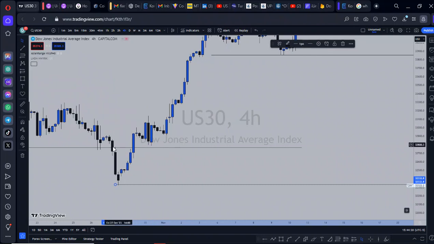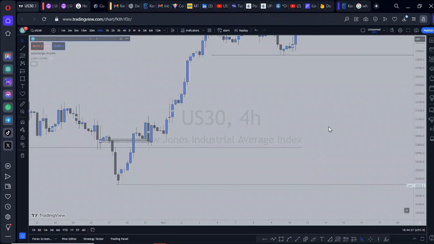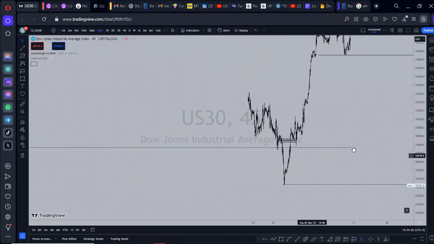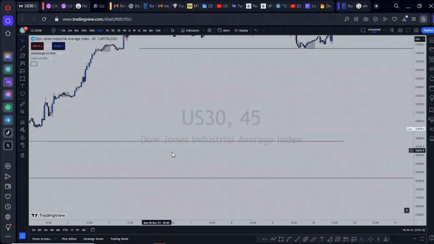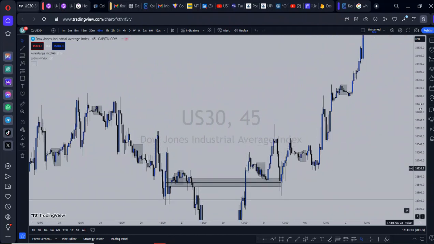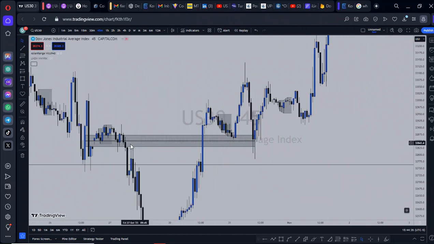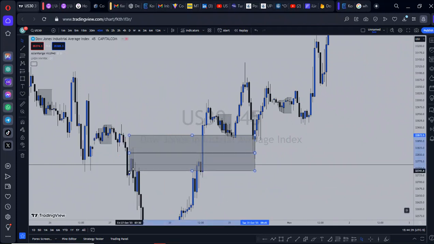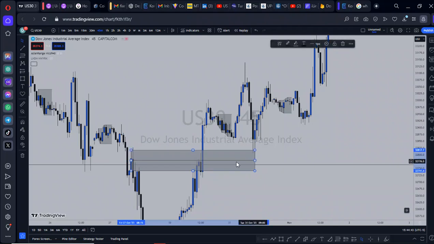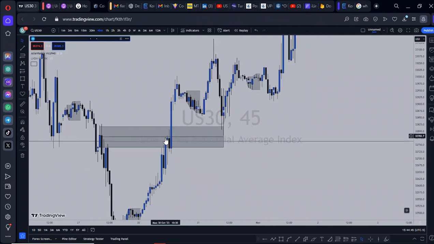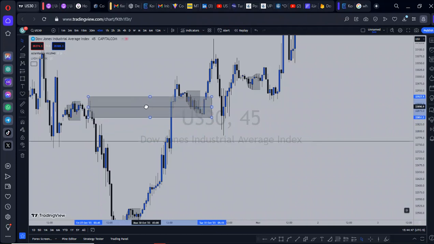So we violated the supply zone, right? So that supply became a breaker block. So if I am to be on the lower time frame right here, I can find a setup. Now this supply, let's pay attention to here. We have a supply that was violated, or likewise, some of us like to choose this.